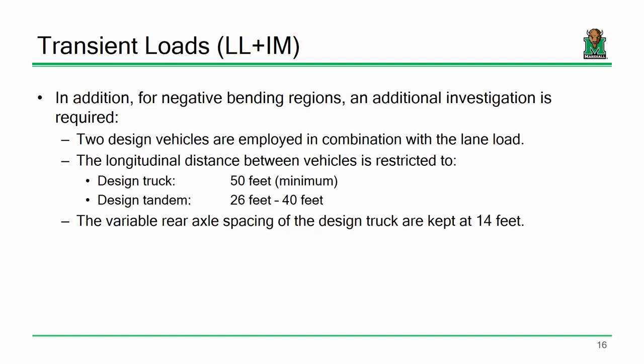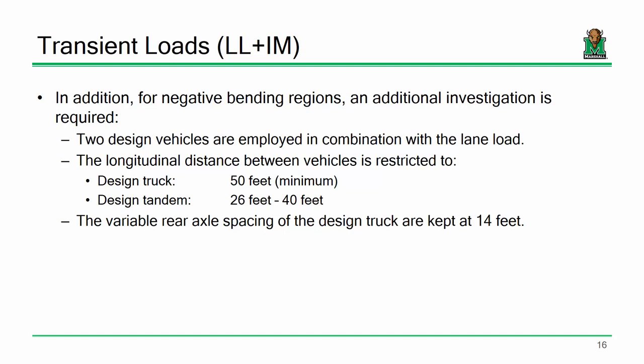There are some instances where it falls short, and specifically those are around negative bending regions. Remember, if you have a two-span bridge, the end and middle spans are smiley face, but around the pier we have frowny face, a negative bending region. The one place this load model falls a little short is around those negative bending regions. It's just not quite enough load there.